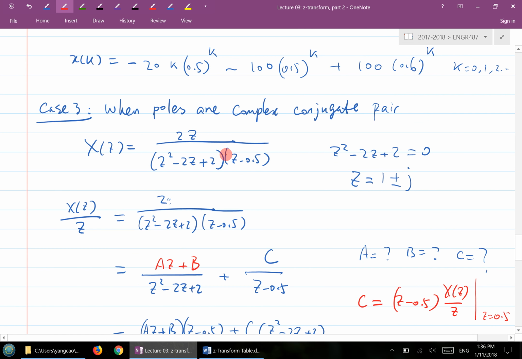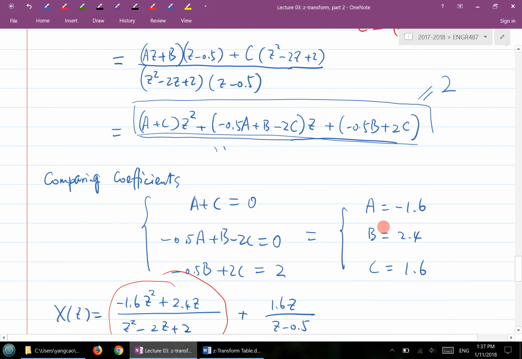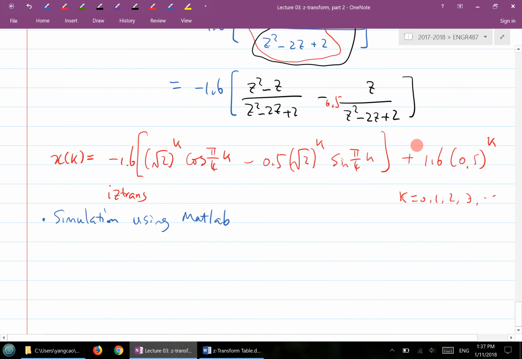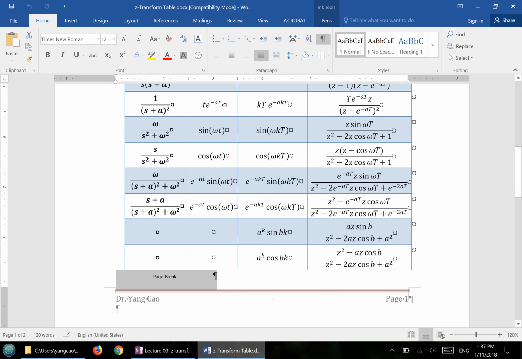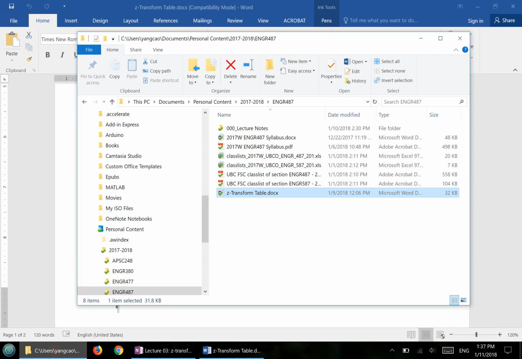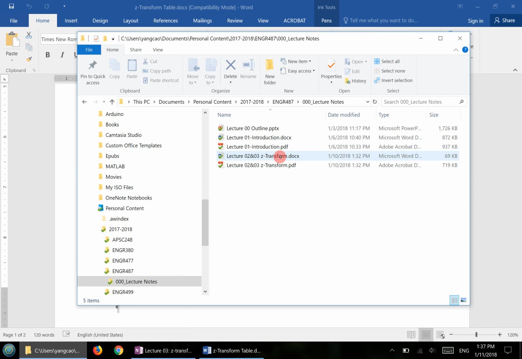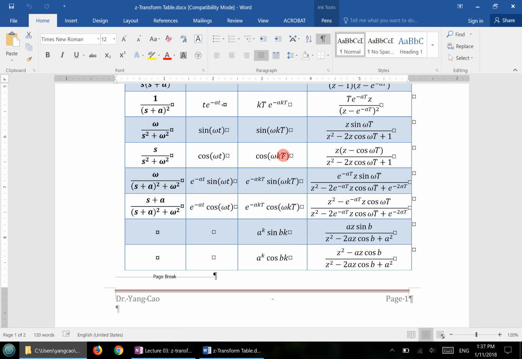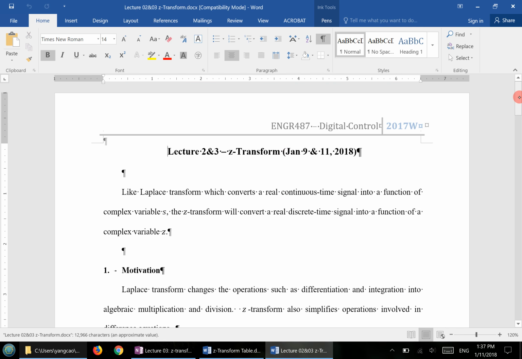All you need to do is create a numerator and denominator based on the given x of z, then pass the numerator and denominator to iztrans. You'll find the inverse z. So you can always verify using MATLAB. In terms of simulation, let me use MATLAB to quickly go over this. We'll come back to this in detail later, but at this stage I'll quickly go over the idea of how to use MATLAB to simulate.